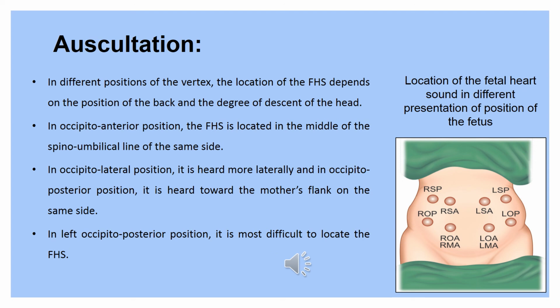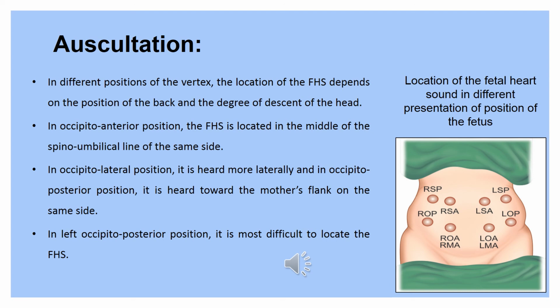In different positions of the vertex, the location of the fetal heart sound depends on the position of the back and the degree of descent of the fetal head. In occipito-anterior position, the fetal heart sound is located in the midline of the spino-umbilical line of the same side.